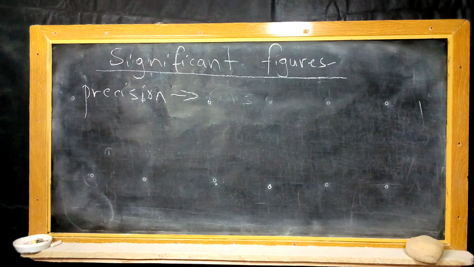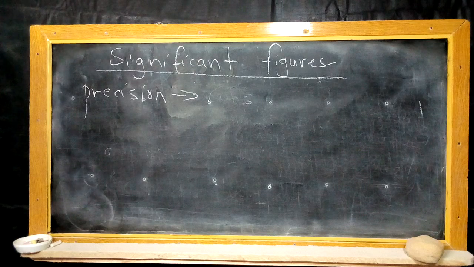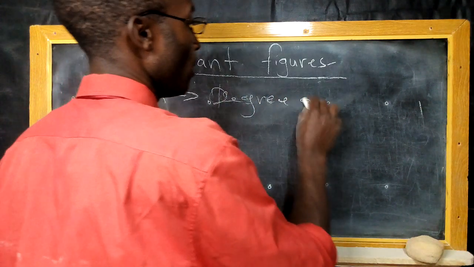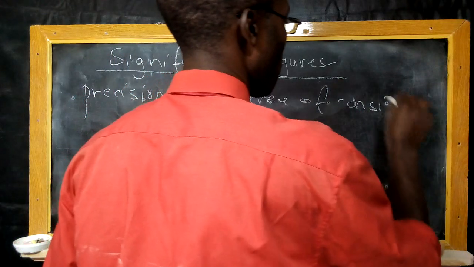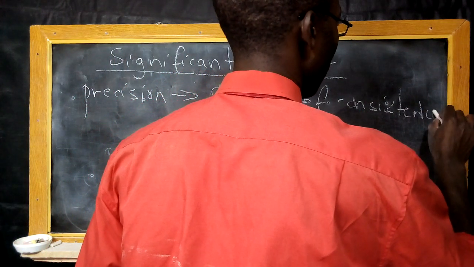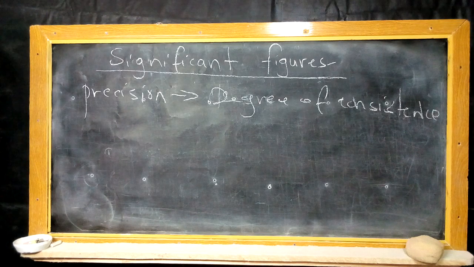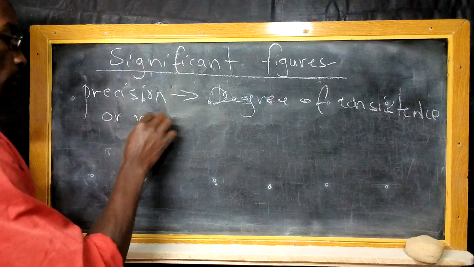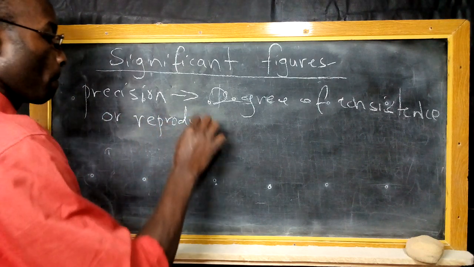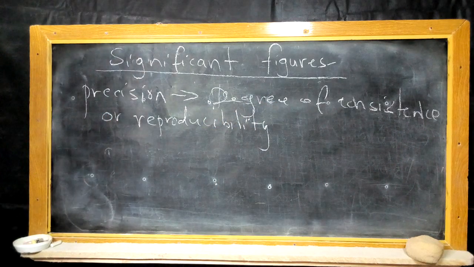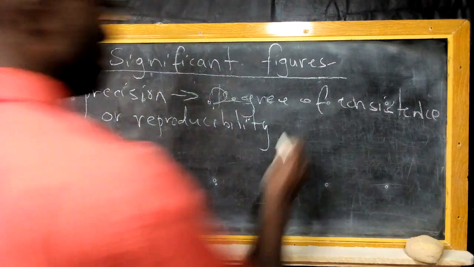Precision, as well, is the degree of consistency, or reproducibility, of a measurement.